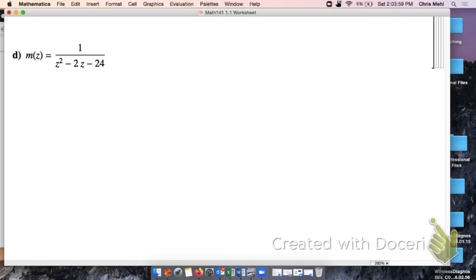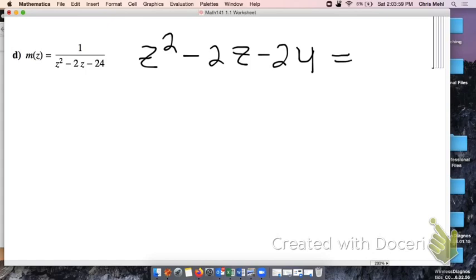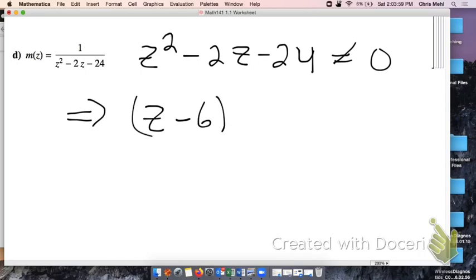You can plug anything you want into this function, but since the output is a quotient, whatever z you choose, z squared minus 2z minus 24 cannot equal 0. You will notice this will factor as z minus 6 and z plus 4, and you want that to not equal 0.